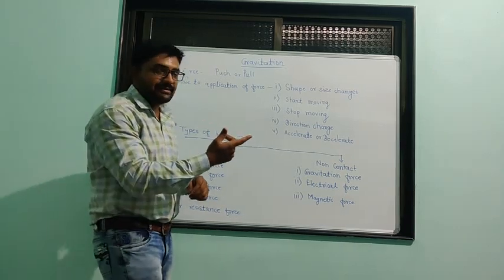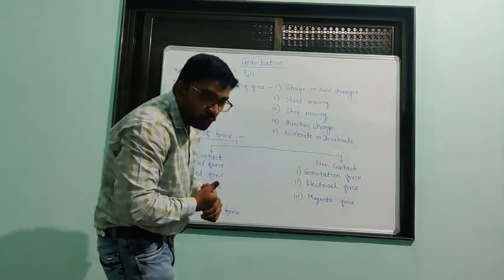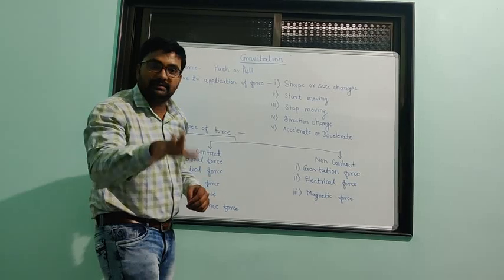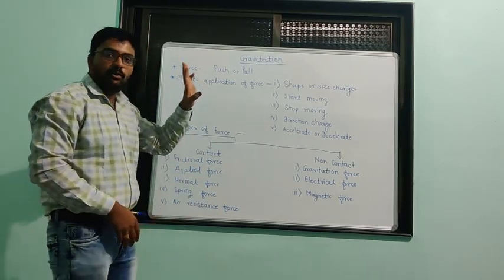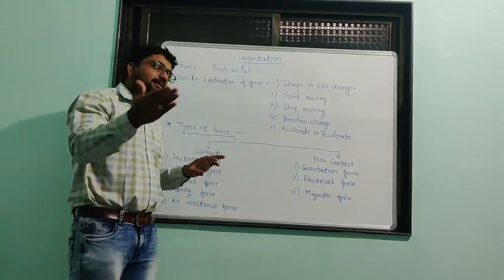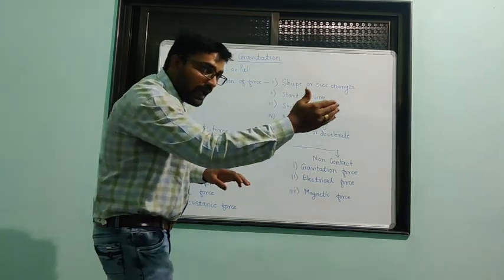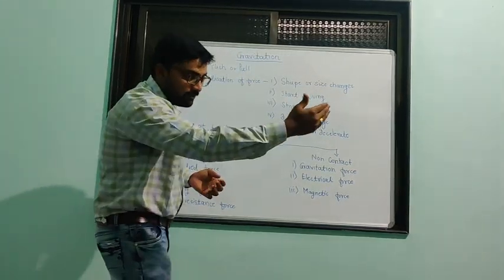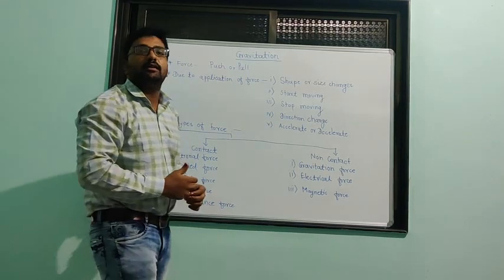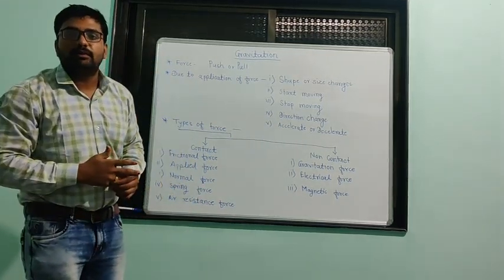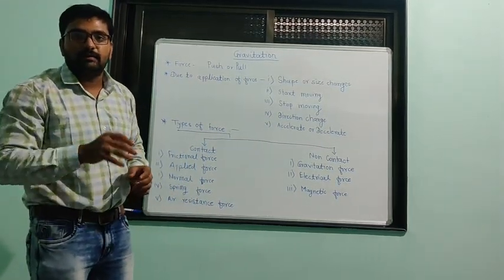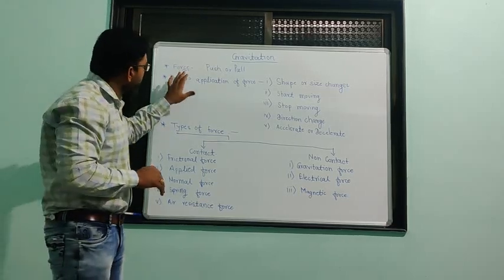Simply, some external thing that moves an object is called a force. Force is an external thing by whose application we can move the position of a particular object. That is how we can properly define force.